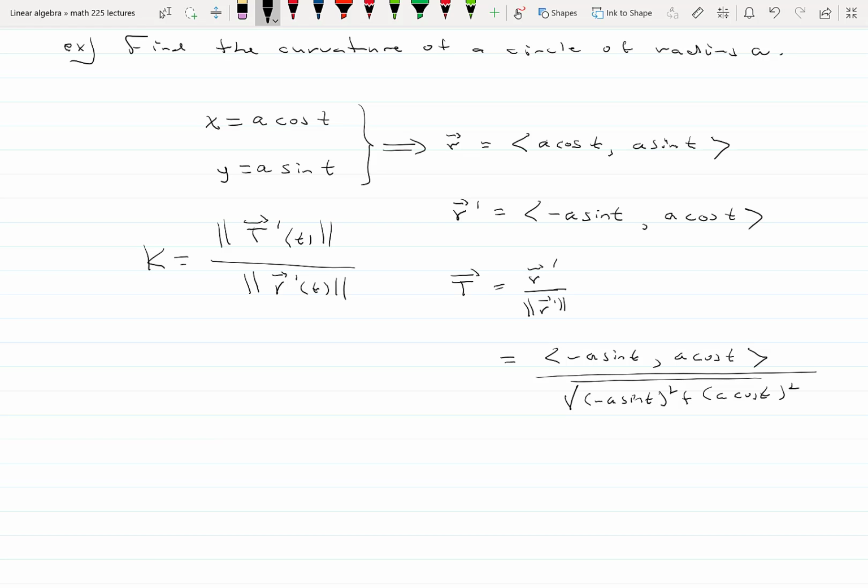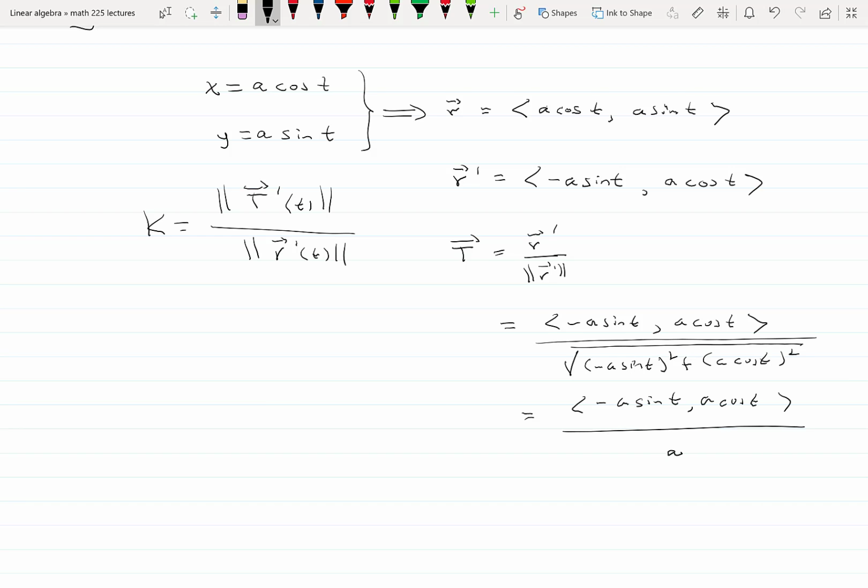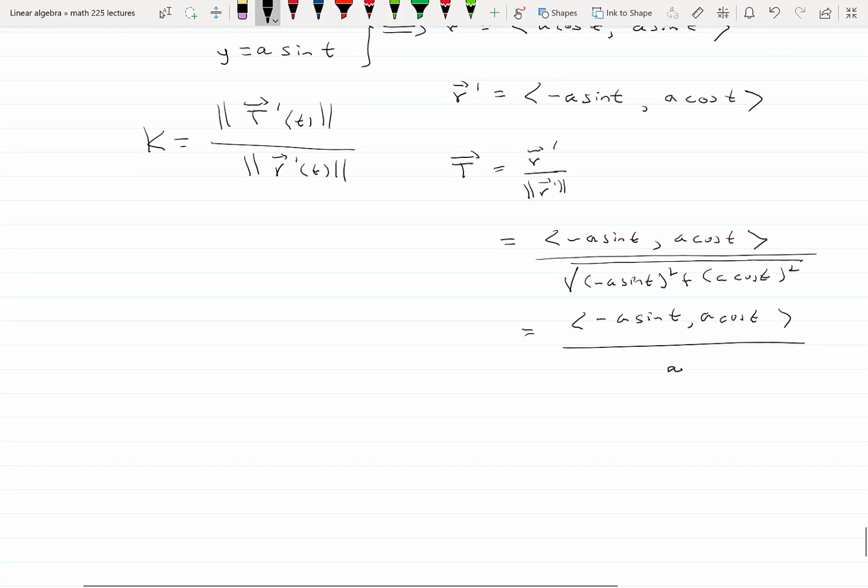Well, since sine squared plus cosine squared is 1, the length is a. So my unit tangent vector takes on the appearance of negative sine t, cosine t.